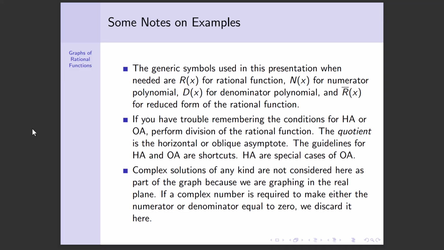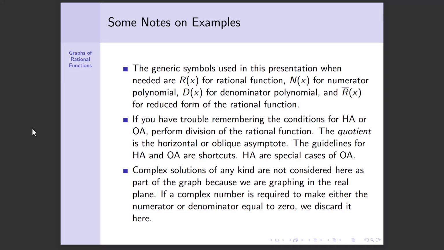So you may think of horizontal asymptotes as a very special case of an oblique asymptote, but they are all found by finding the quotient of division. Okay? Vertical asymptotes are found by setting the denominator equal to 0 and making sure those values do not make the numerator 0. So that's a different procedure for finding vertical asymptotes.